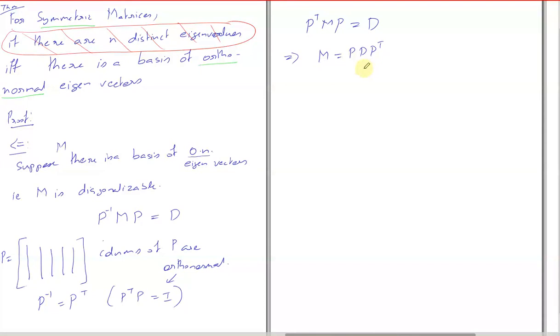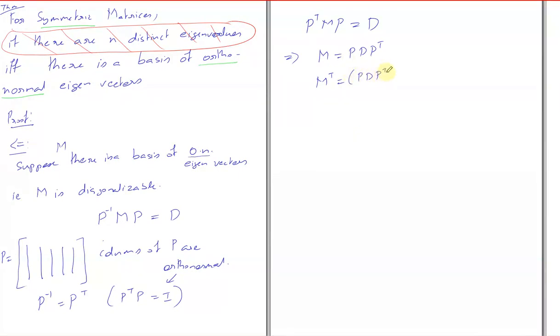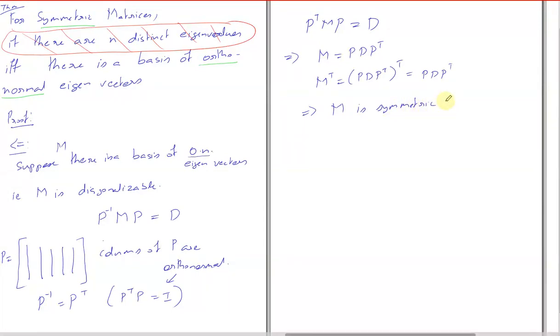And the transpose is also the same. Then what is M transpose? It is P D P transpose, which implies that M is symmetric. Is that clear to everyone?